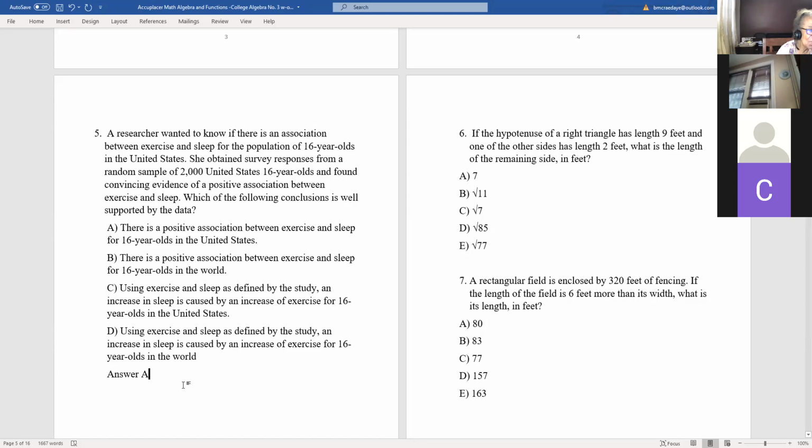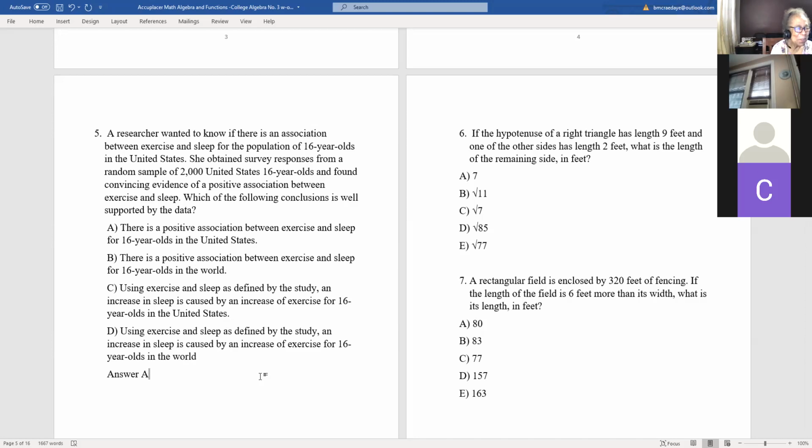All right. You see, Chastity, when you read it over again, you changed your answer. You had the world, and you said, "Oh, but this says CEOs in the United States, so it can't be anything that says the world." I read it wrong. I wanted to be too quick. And then I'm like, wait a minute.